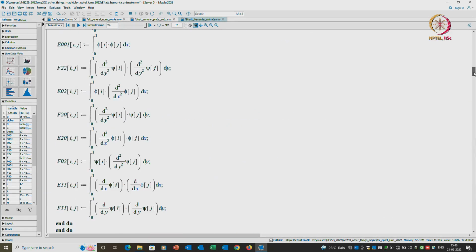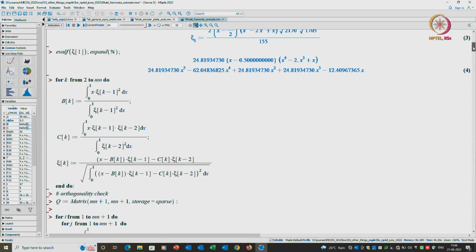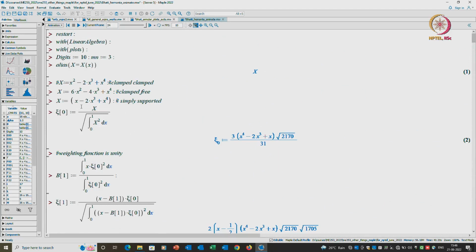Lastly, I will show you simply supported. Okay, so let us do a simply supported. So, let us run it.